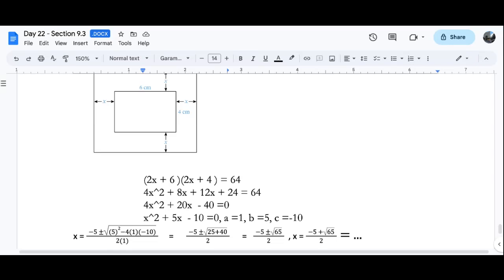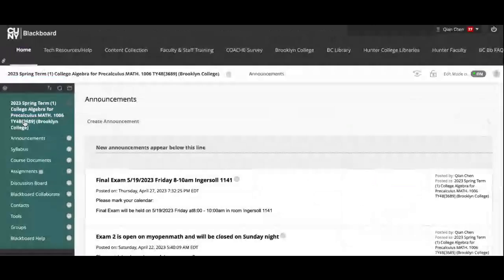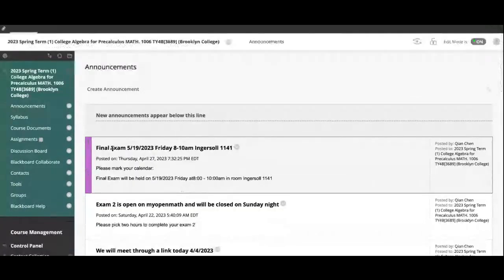All right, but let me close this. Let me change to announcements. In announcements, you see final exam, because I won't remember myself. I need to check this too. I wrote it on my calendar, so I suggest you write it on your calendar. May 19th is our exam.